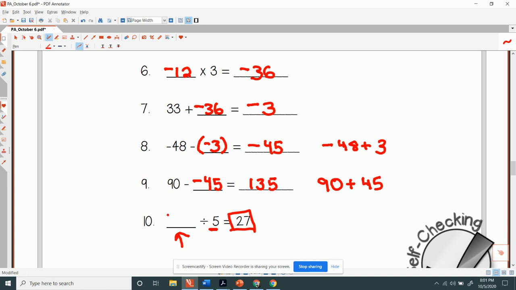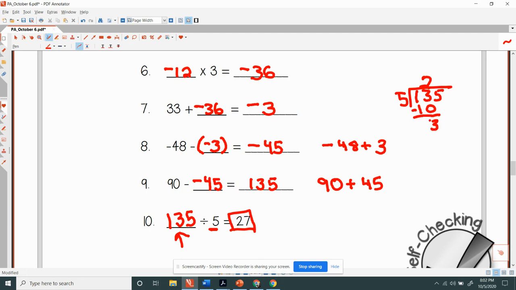And let's see if our final answer checks. Remember, these are self-checking. 135 divided by 5. So let's do a little long division. 5 goes into 13 2 times. 2 times 5 is 10.